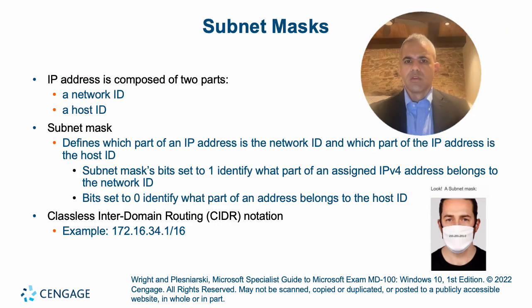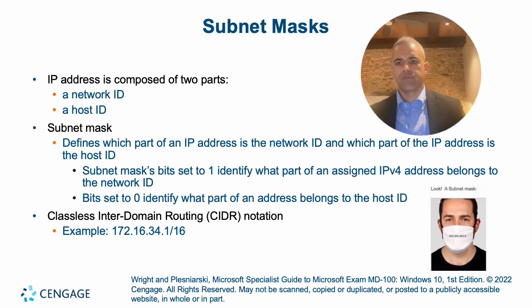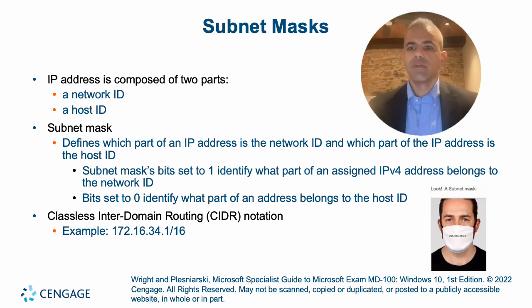Okay. Now we are going into something called a subnet mask. What is a subnet mask? A subnet mask lets you know, just like we mentioned with CIDR, what part of the IP address belongs to the network, to let us know what network ID we have, and what part of the address is for the host, for each individual computer within the network. It's just a quick way for us to look at an IP address and determine that.